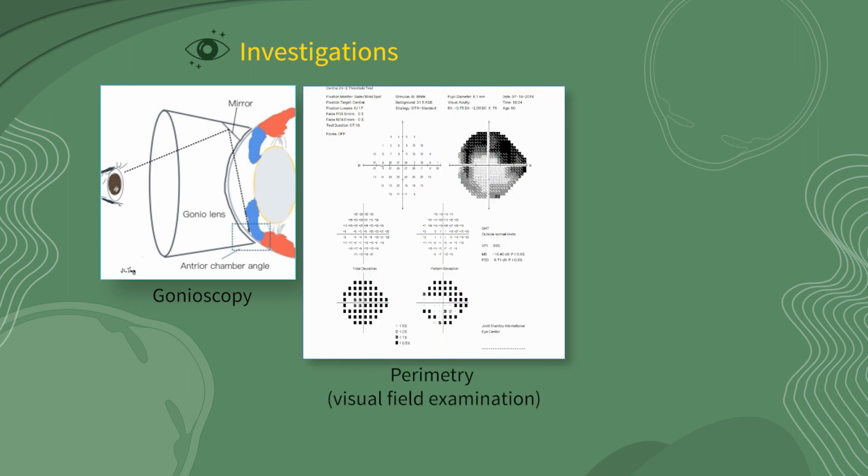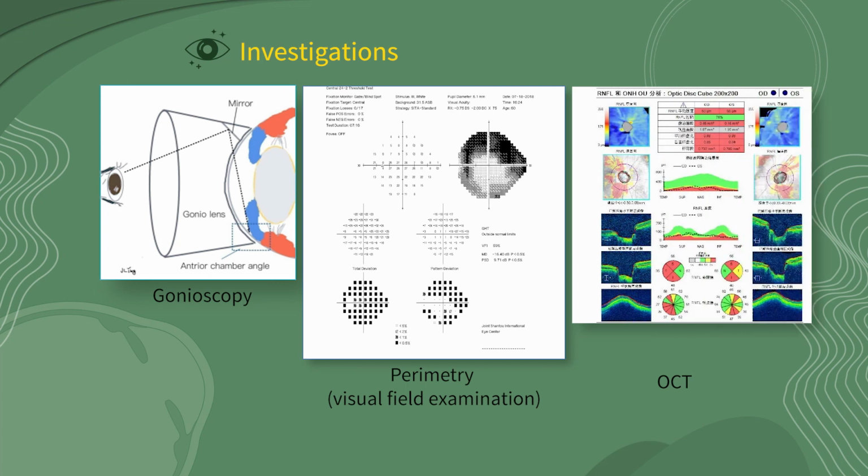Visual field examination is used to measure the function of the optic nerve. The report is very intuitive, and the black spots indicate that the optic nerve function is impaired. OCT is an objective examination to assess the damage of optic nerve fiber layers. The green color indicates normal, while the red color tells us that there is damage.